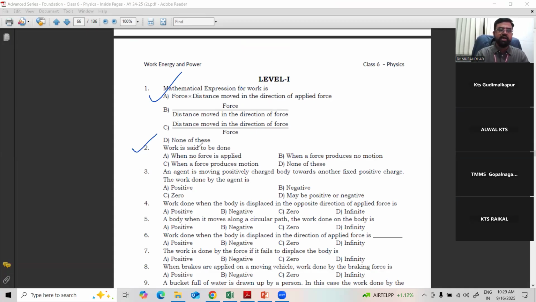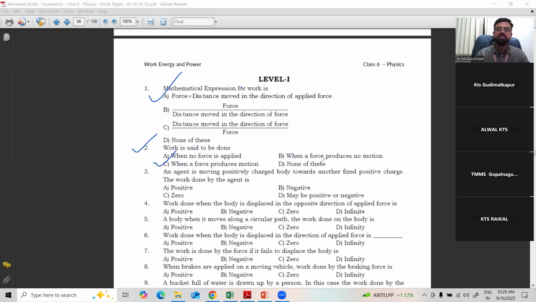Work is not done when no force is applied, or when a force produces no motion. When force produces motion, only then can you say work is done. An agent is moving a positive charged body towards another fixed positive charged body.